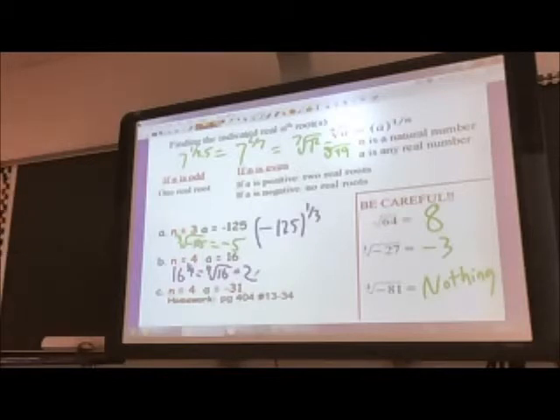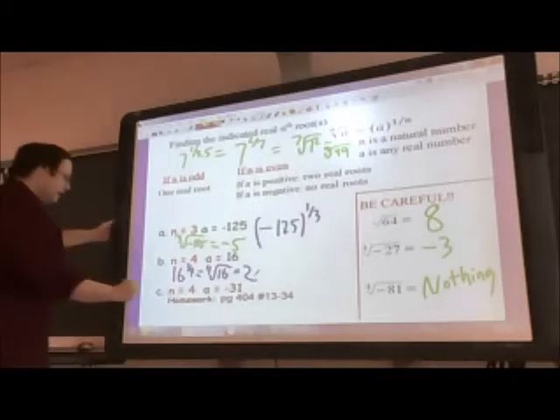And then when we have the 4th root of negative 31, is there a 4th root of negative 31? Can there be an even root of a negative number? No, right?